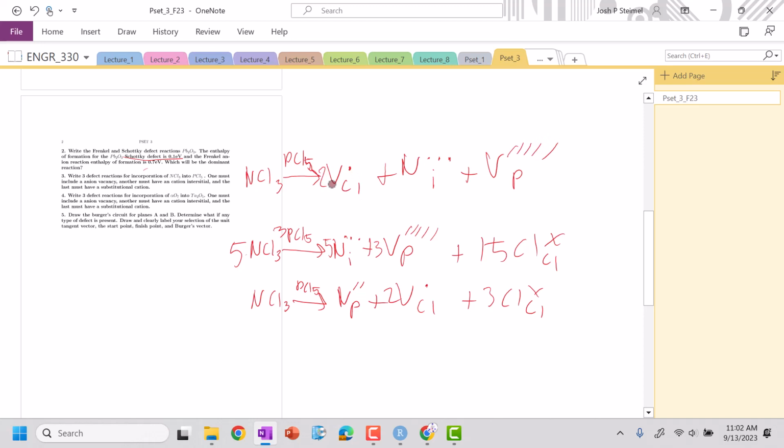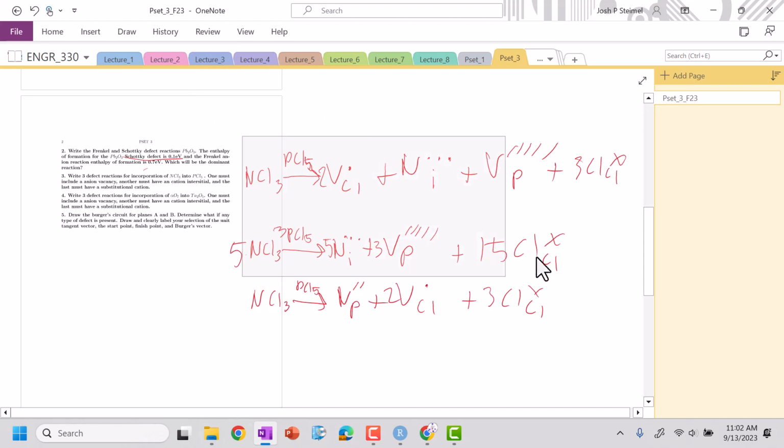So I can do 2, right? And then I could do plus 3 ClClX. So I have 5 here, negative, 3, 2. That works. We got it. All right. Let's go ahead and on to the next one.